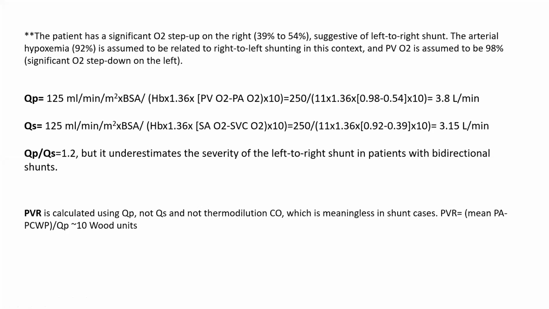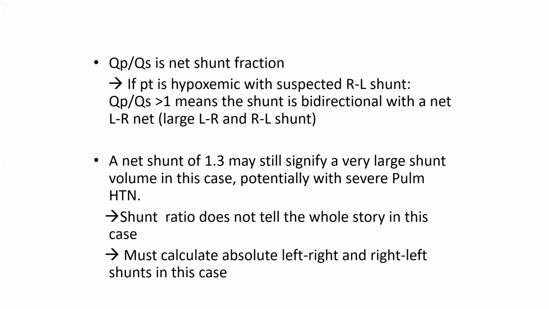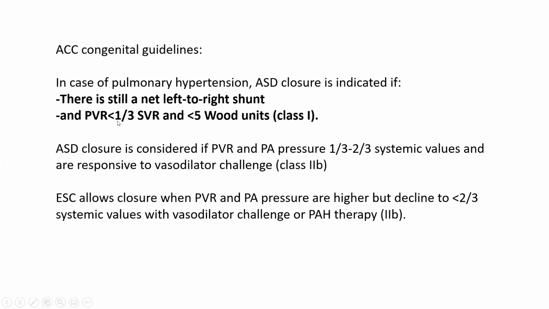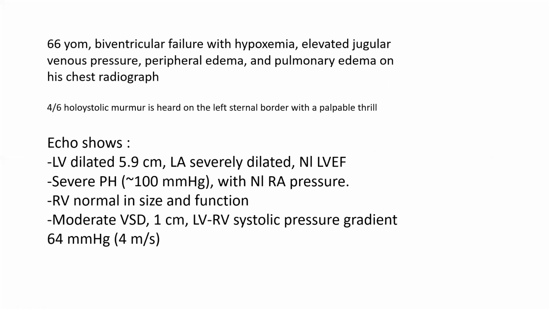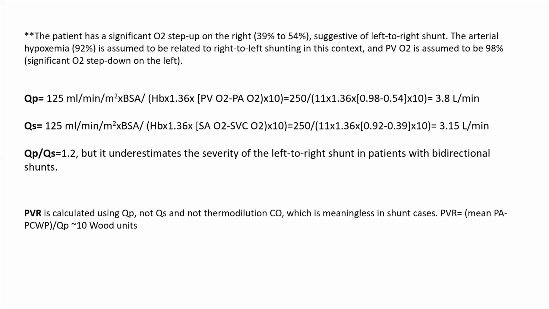And if you go by the American guidelines, we probably shouldn't close it because PVR is way higher than 2/3 systemic value. So we probably shouldn't close it, but I think based on ESC and some other experts, it is useful to do what Ahmed said, which is vasoreactivity testing, okay?